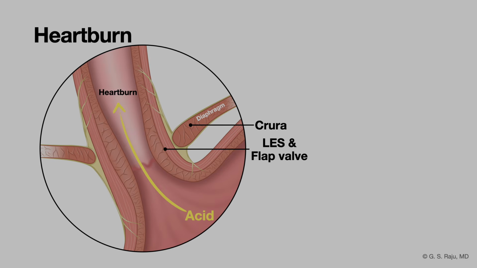So the crura of the diaphragm acts like an external sphincter, and the lower esophageal sphincter and flap valve act like an internal sphincter. These two structures constitute the anti-reflux barrier, and this anti-reflux barrier prevents the acid from coming up and creating what we call heartburn and gastroesophageal reflux disease.